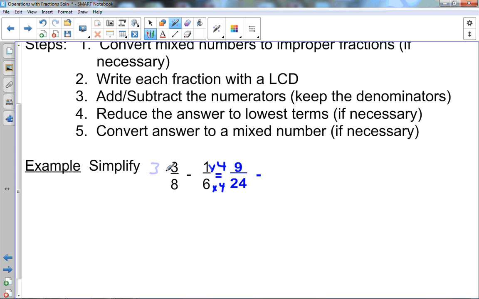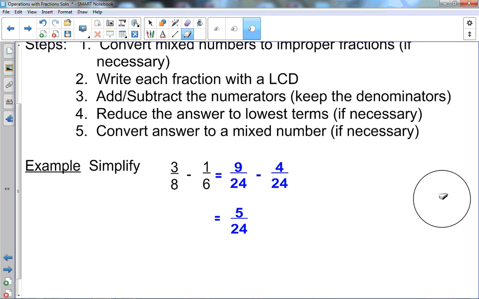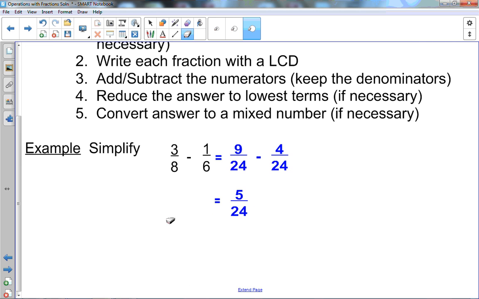So 8 times 3 is 24, 3 times 3 is 9, 6 times 4 is 24, and 1 times 4 is 4, which means you get 9 over 24 minus 4 over 24, which simply gives you 5 over 24. You can only add and subtract fractions if you have the same denominator.